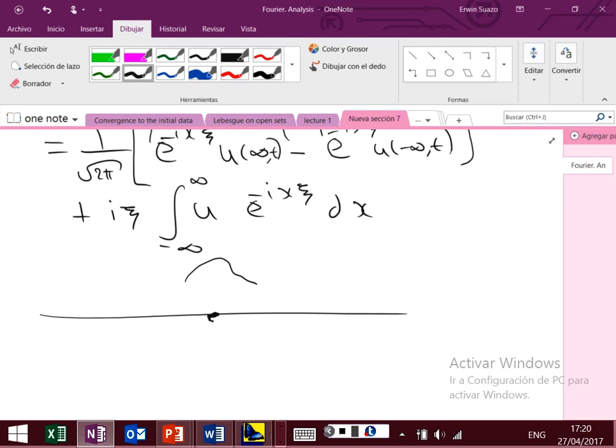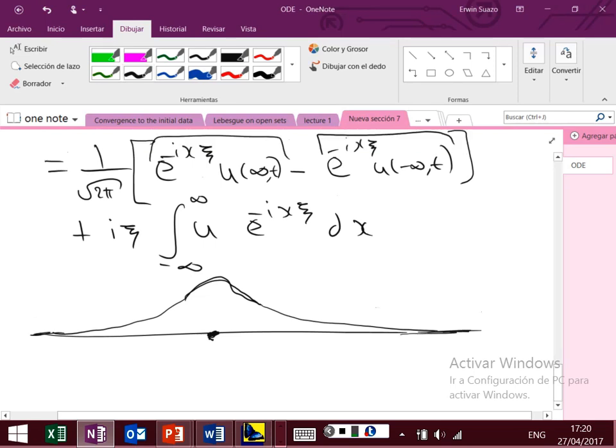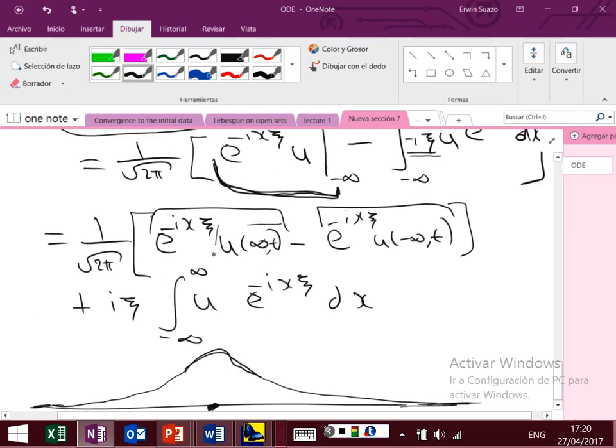I put heat over here, so my cable is hot here, but after that, on the extreme parts it is cold. It's basically zero. So I can assume that at infinity, on the extreme values of my cable, these values are zero.